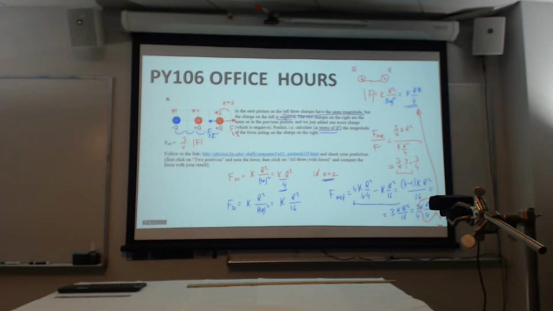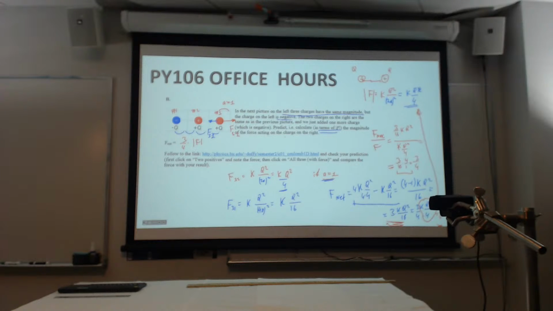Okay. So saying that the force is equal to 3/16 times kq squared is wrong. Well, this is not the answer you're looking for. You have to enter the answer in terms of what WebAssign asks you.